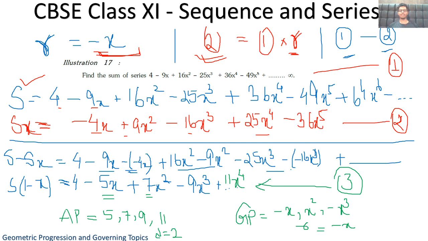So from here we can deduce that equation 3 is also forming an AGP, in which the common difference d is 2, and the value of the common factor r is nothing but minus x. So far all good?